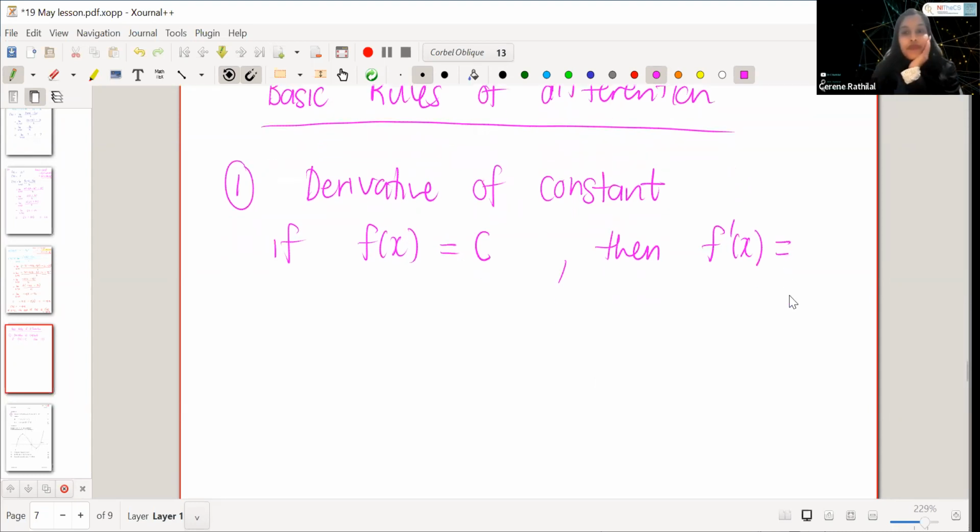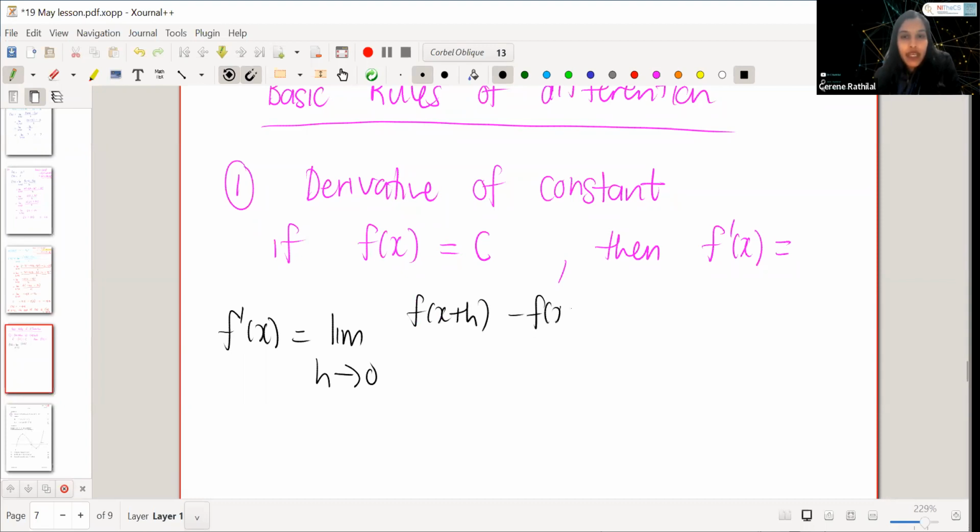So what we could do is we could quickly go back to first principles and we could derive it. Okay, that's what we could do. So f prime of x will then be the limit as h approaches 0 of f of x plus h minus f of x divided by h.